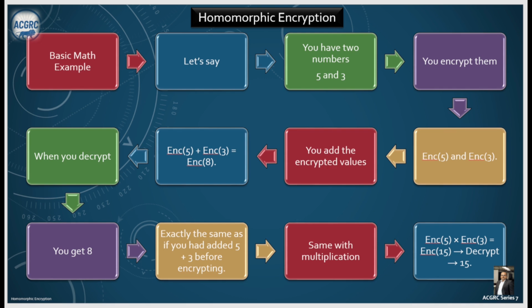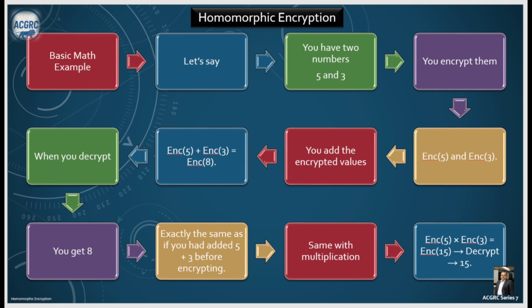So as an example, let's take a basic math example. You have two numbers, 5 and 3. You encrypt them. You encrypted 5 and you encrypted 3. You add the encrypted values. What you get is an encrypted 8. So when you decrypt, you get 8.